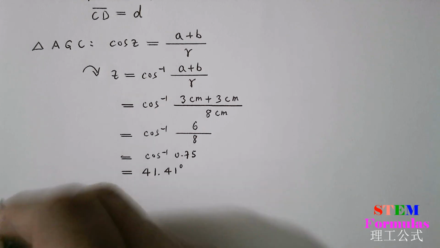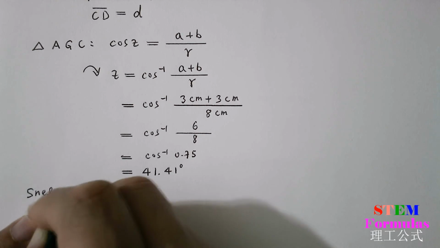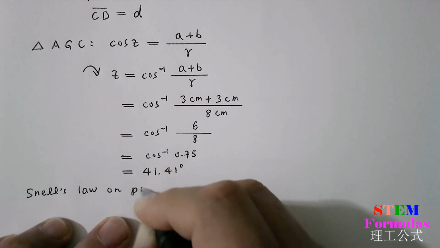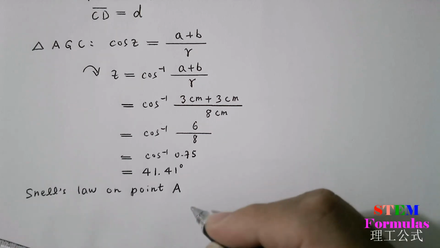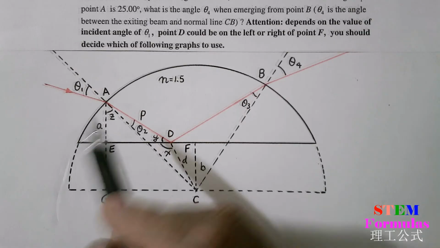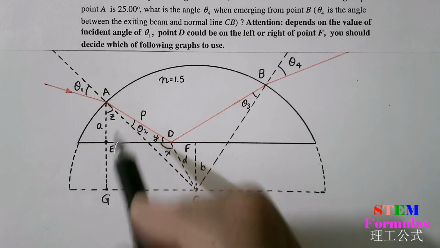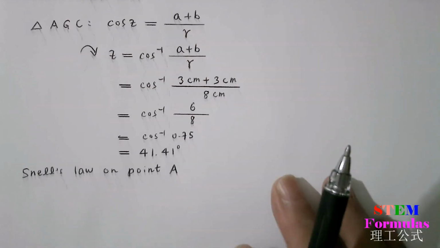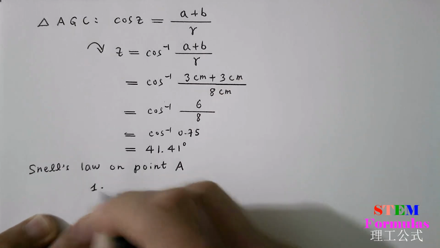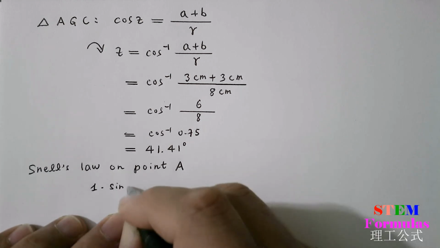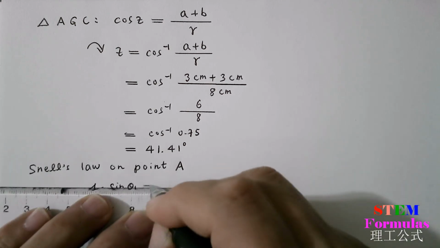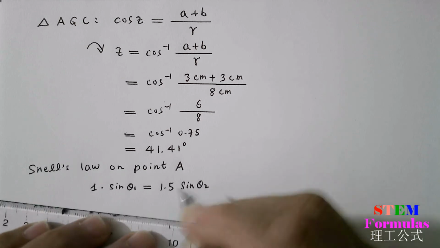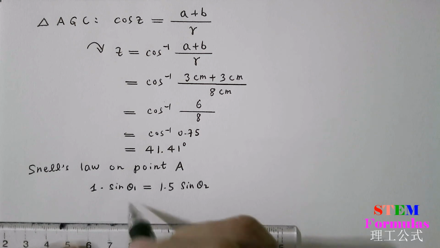And next step, I use Snell's law on point A. I have 1 times sine θ1 equals 1.5 times sine θ2, and θ1 equals 25 degrees.